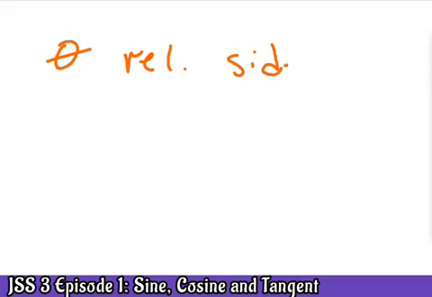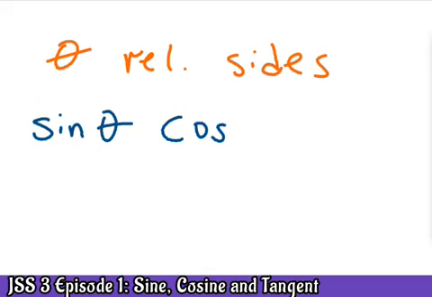And the way mathematicians describe this relationship is in the form of saying sine of the angle, cos of the angle, or tan of the angle. This is the way mathematicians describe the relationship between this angle and the sides of the triangle that is produced as a result of the size of this angle.